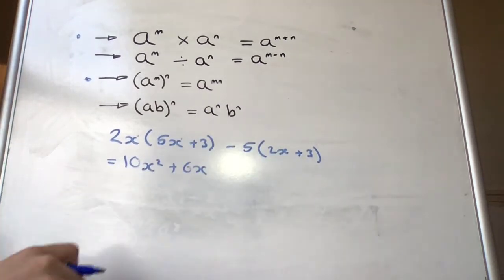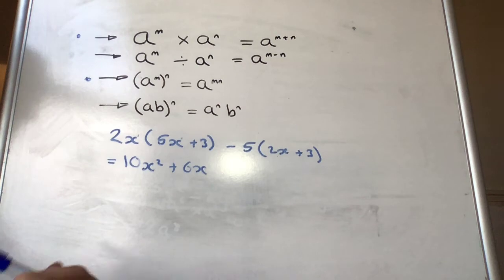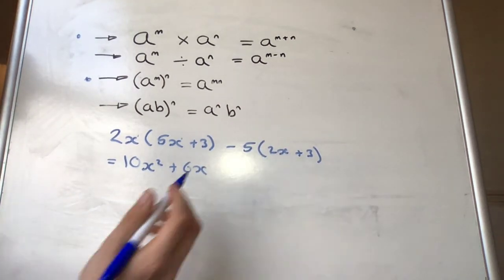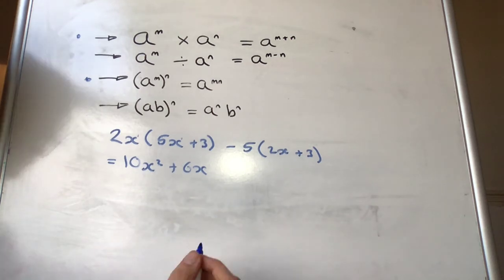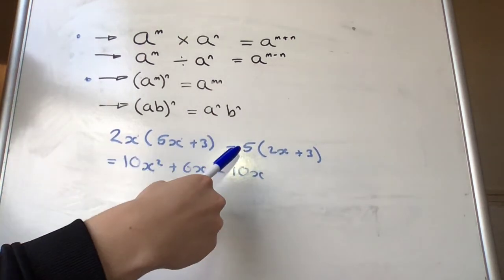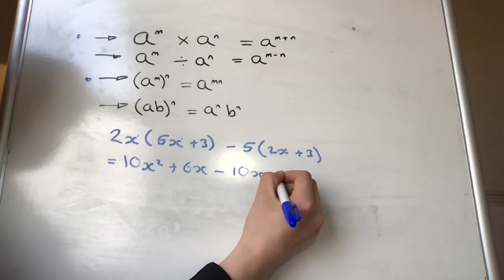And now we've got our separate brackets over here, and you've got to remember that a minus sign outside the brackets changes the sign inside the brackets. So minus 5 times 2x would be minus 5 times 2, which is minus 10, multiplied by the x, which gives us minus 10x, and then minus 5 times 3 gives us negative 15.